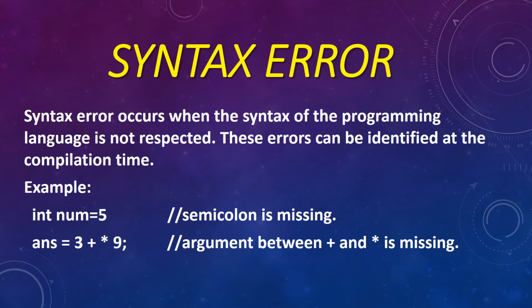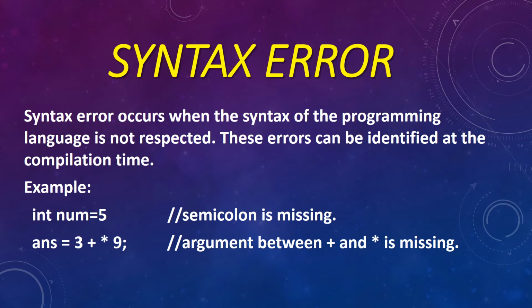If you do not follow that syntax when writing the program, it will show an error. These errors are shown by the compiler when you compile your program, on that particular line or command where there is some error. So these errors can be identified at the time of compilation.